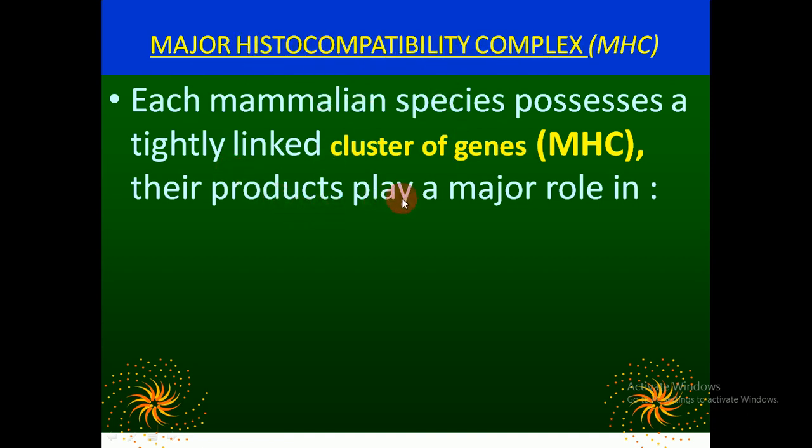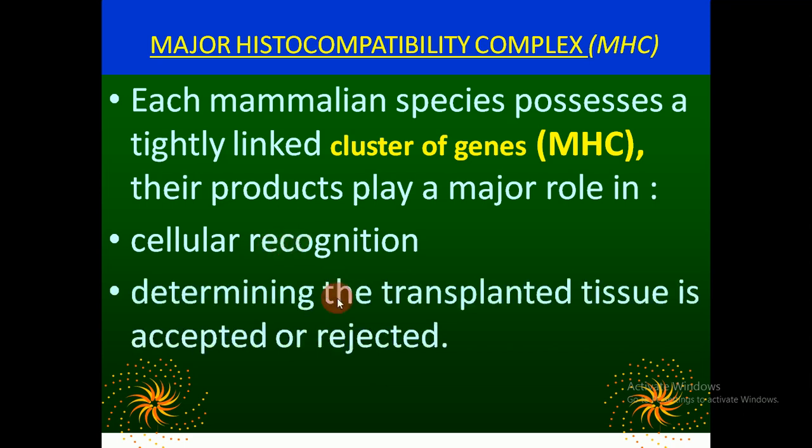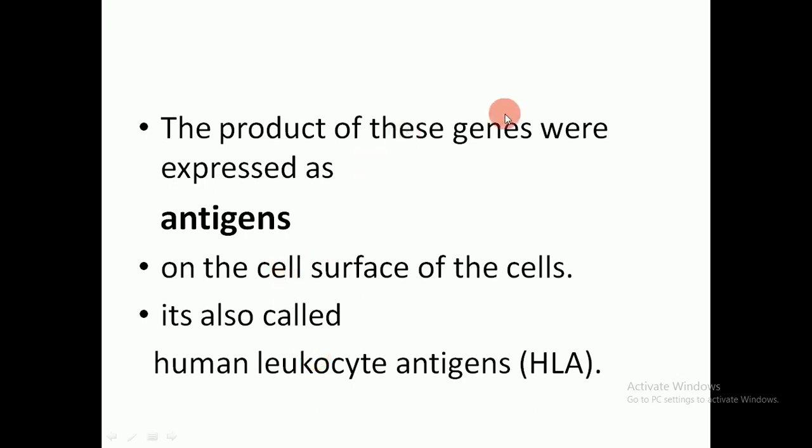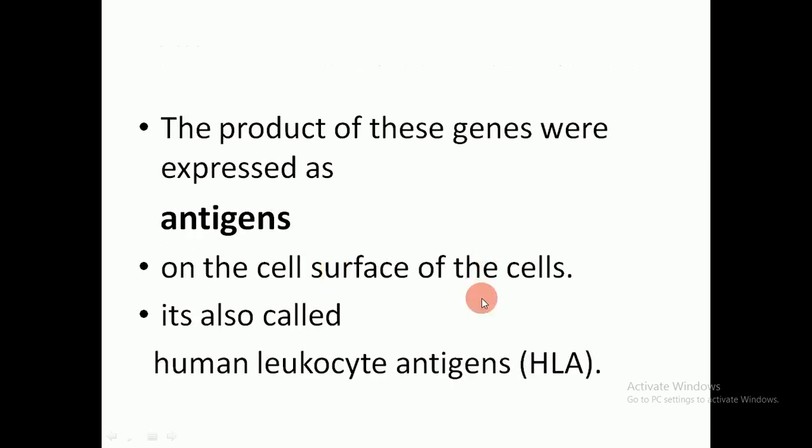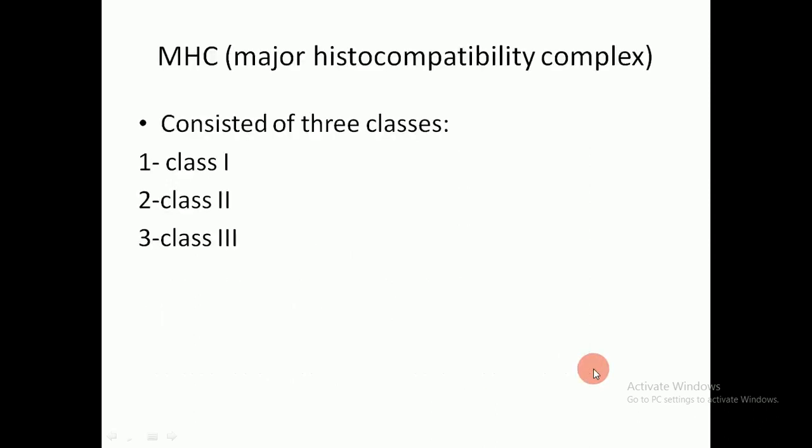Their products play a major role in cellular recognition, determining whether transplanted tissue is accepted or rejected. The products of these genes are expressed as antigens on the cell surface. It is also called the human leukocyte antigen, H for human, L for leukocyte, and A for antigen.